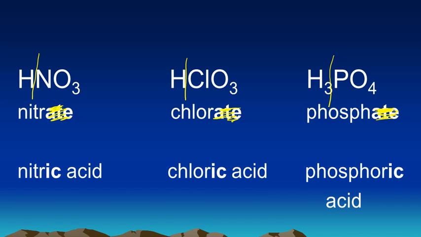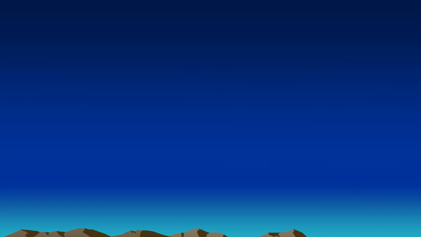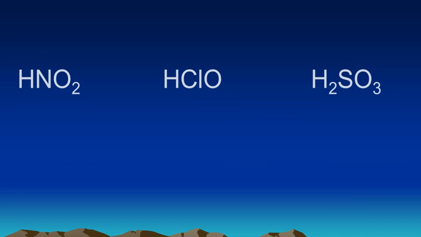Let's take a look at another set of 3 acids, and I want you to notice that these 3 are oxyacids as well, but they're different from the last 3 that you saw on the screen. This is tough. Can you tell how these 3 oxyacids are different from the last 3?